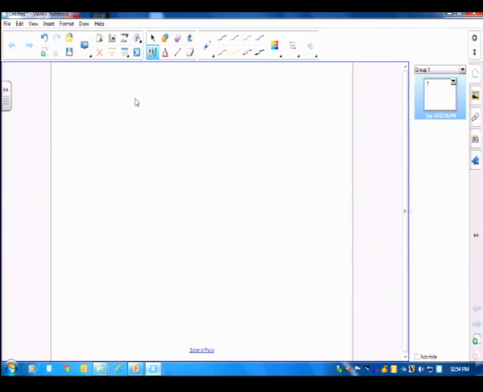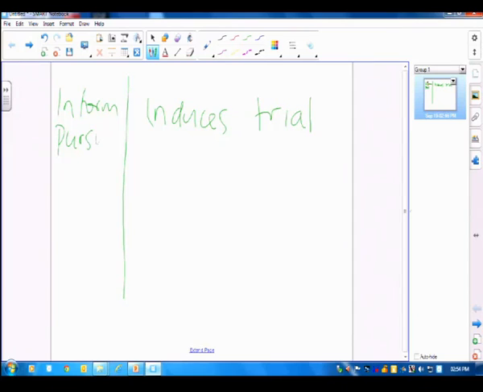For example, the first one is that it induces trial. When a product has been communicated to a person, remember the reason for that communication would be, one, to inform. It is also to persuade.